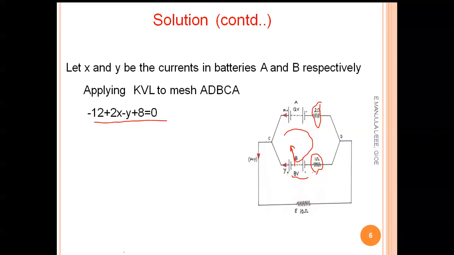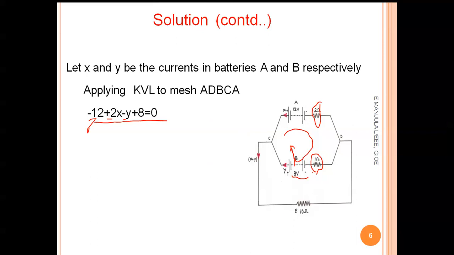The thing you have to remember is the signs. The signs are very much important, how you are getting the sign, positive and negative. So remember that here we are going from, you at least consider from this end or else this end. So consider from the last end. Here it is minus, so you kept it as minus 12. And the direction of the loop and the current are opposite, so you put plus 2x.